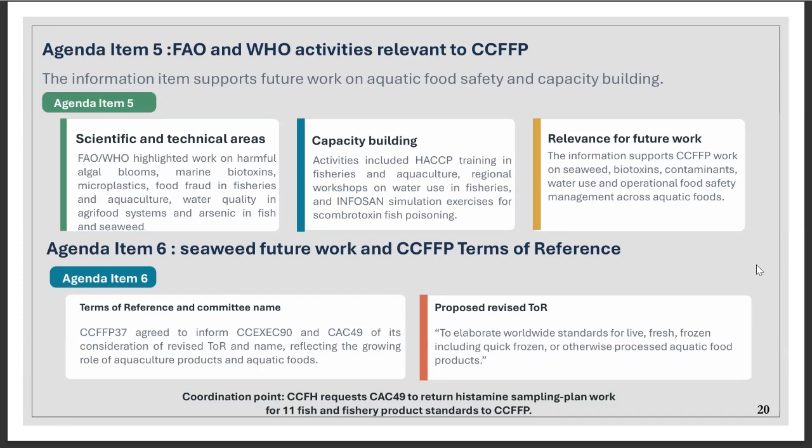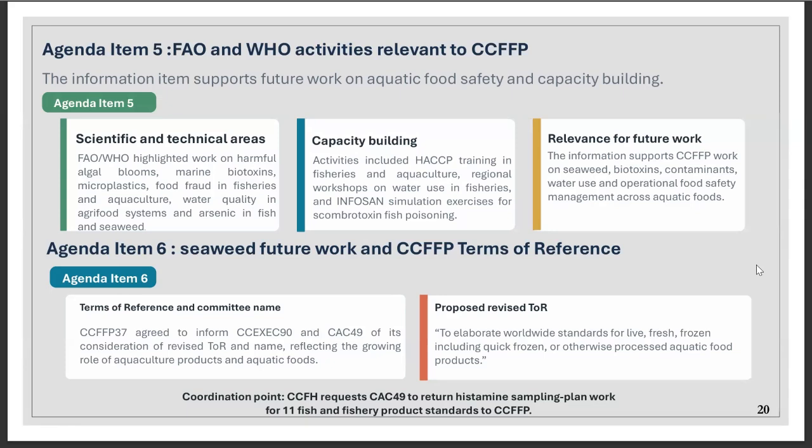In regard to the specialties suggested for CAC 49 coordination lines, including support mature adoption for live and fresh and frozen products, including the quick frozen products, in addition to the marine products.